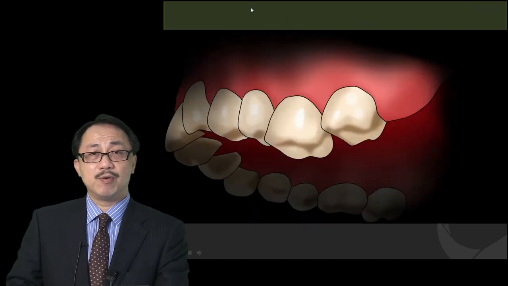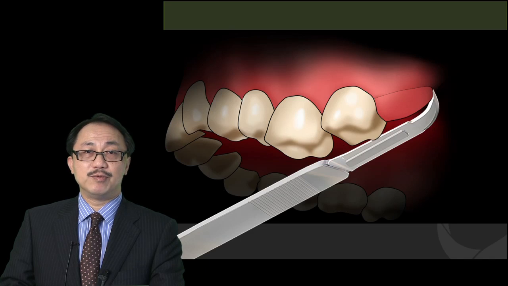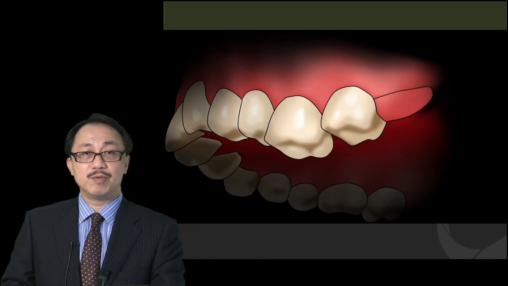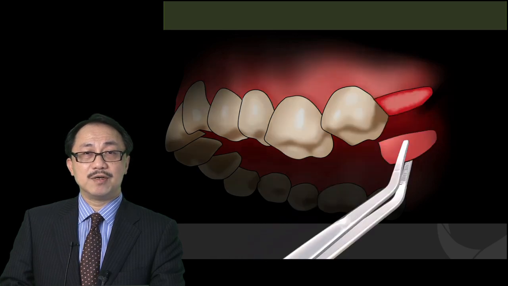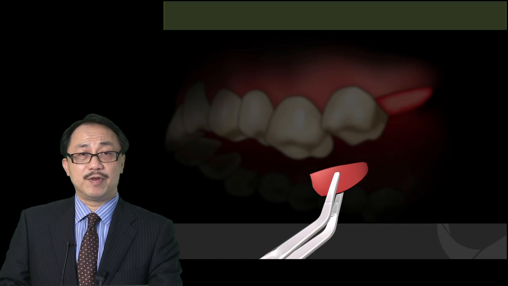This is how we go, using a number 12 blade to remove the tissue from the retromolar distal wedge. And it can be utilized as the donor tissue for thicker grafting.